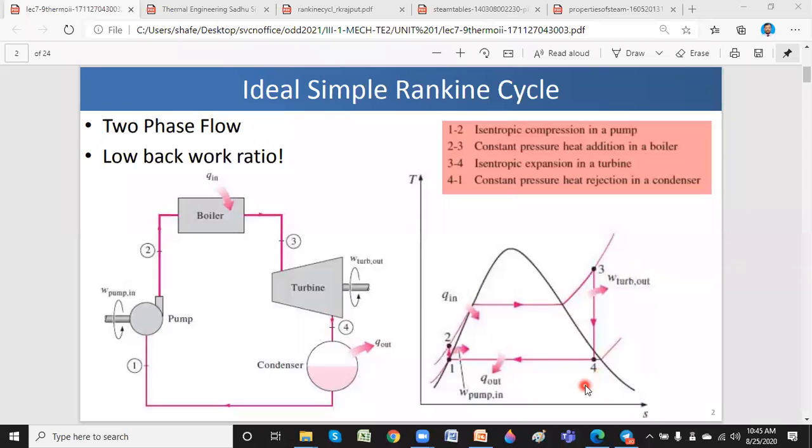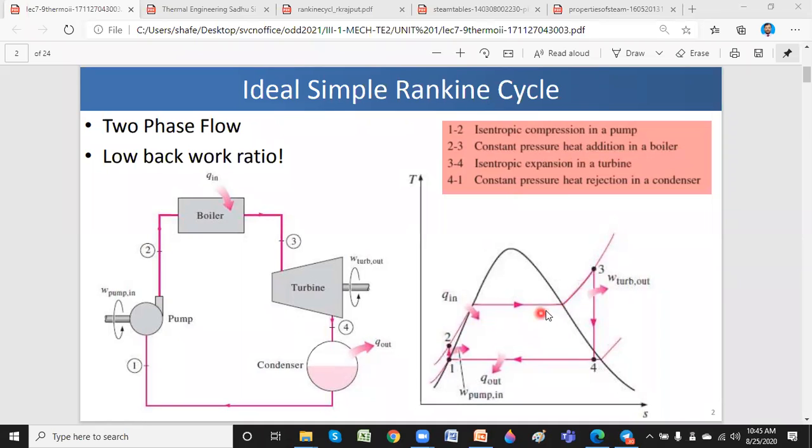Now first I start with the work input. 1 to 2 is the pump work, that is isentropic compression. The process is isentropic. Now 2 to 3 is the heat addition, which is at constant pressure. You see here, 2 to 3, the line is the pressure line. So 2 to 3 is constant pressure heat addition in a boiler.